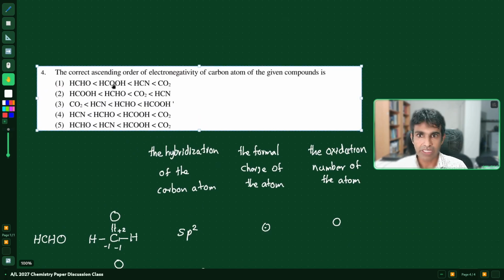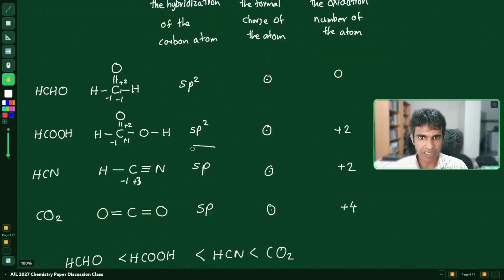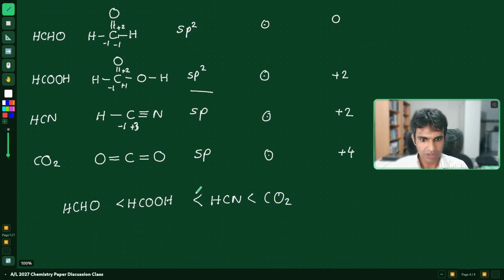So, the correct increasing order of electronegativity of carbon atoms of the given compounds is formaldehyde, formic acid, hydrogen cyanide, carbon dioxide. That means the first one is the correct answer for this question.